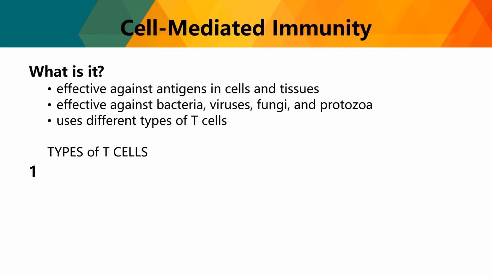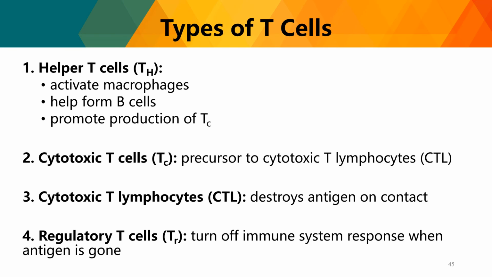So the cell-mediated immunity, it is effective against antigens in cells and tissues. This is also effective against bacteria, viruses, fungi, and protozoa. And it uses different types of T cells. The types of T cells include first your helper T cells, which activate your macrophages and help form the B cells and promote the production of T cells.